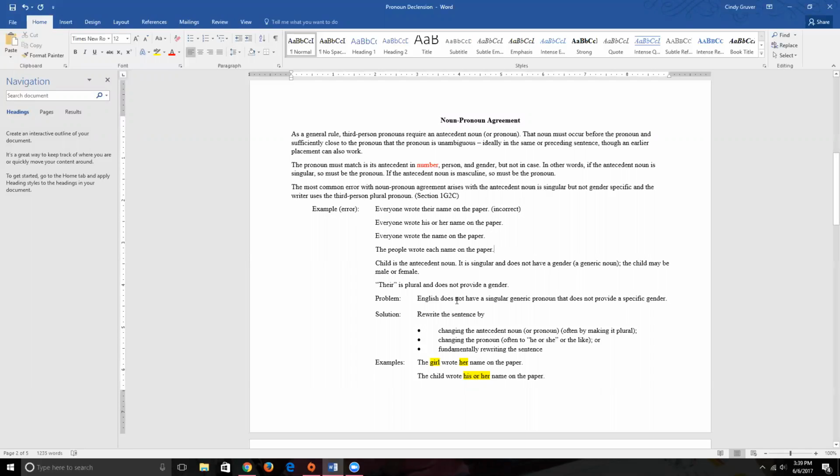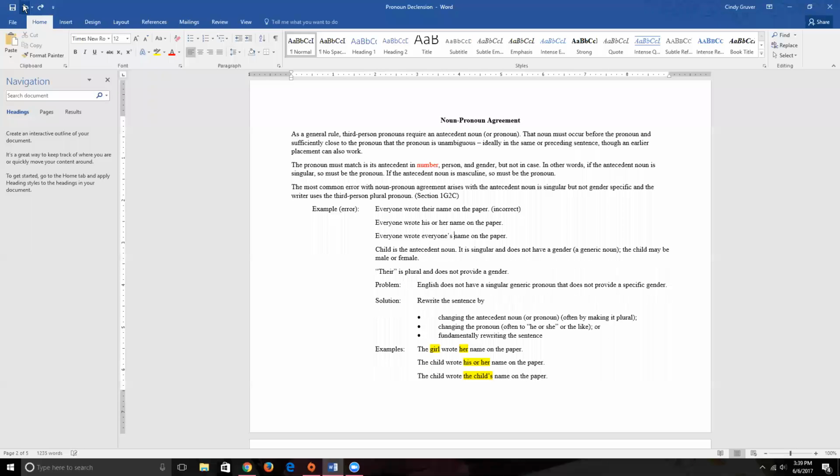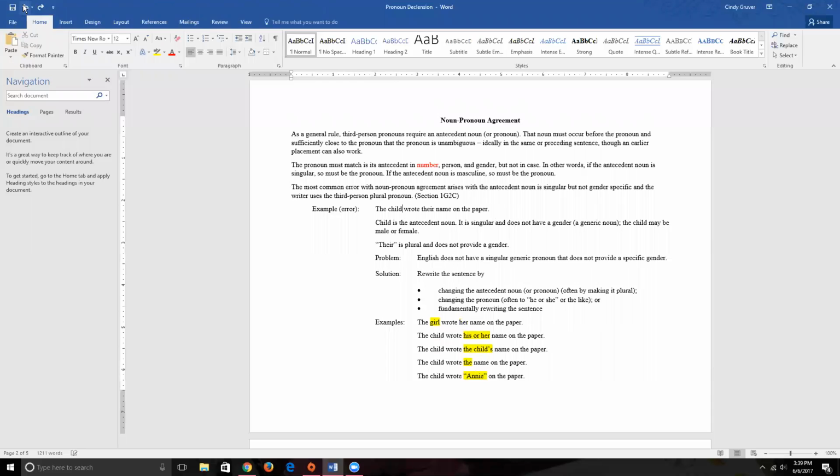If you have these in your back pocket, you'll know some options, some strategies that you can take to fix it. The same strategies that you used before work here. So you're just going to use the same strategies that we used in our other presentation to fix this problem.